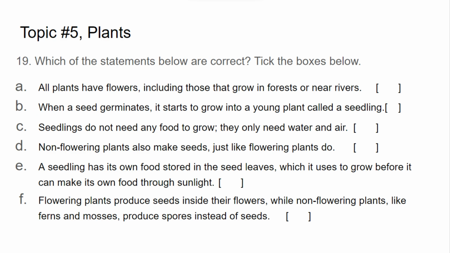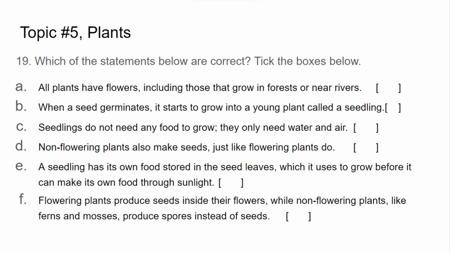Question 19. Which of the statements below are correct? Tick the boxes below. All plants have flowers, including those that grow in forests or near rivers. When a seed germinates, it starts to grow into a young plant called a seedling. Seedlings do not need any food to grow, they only need water and air.